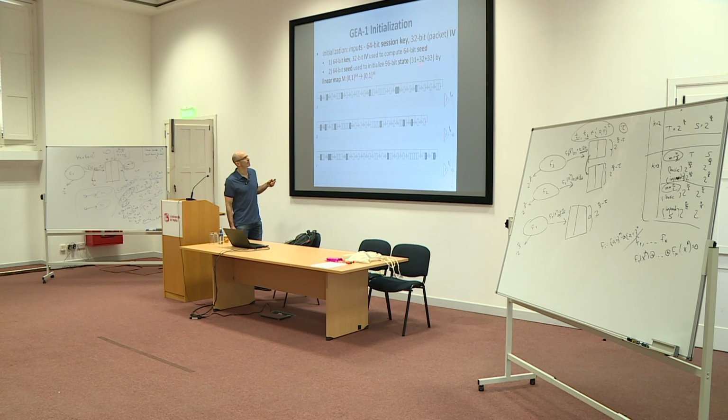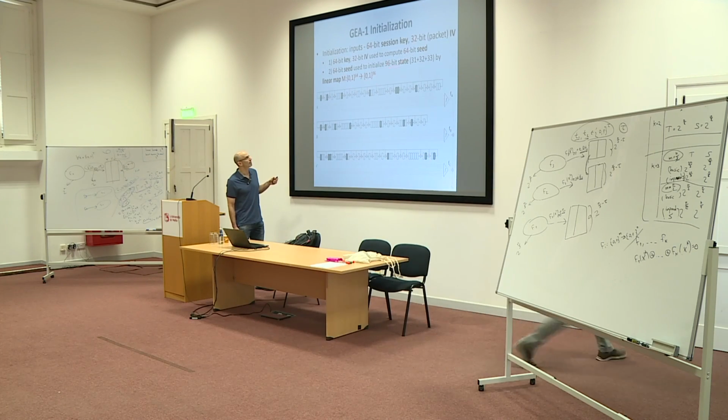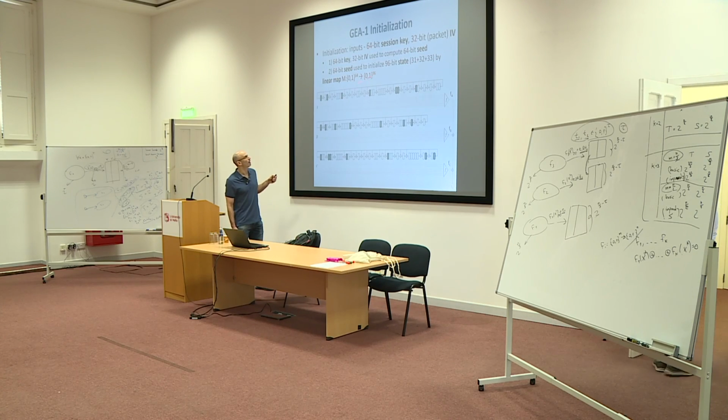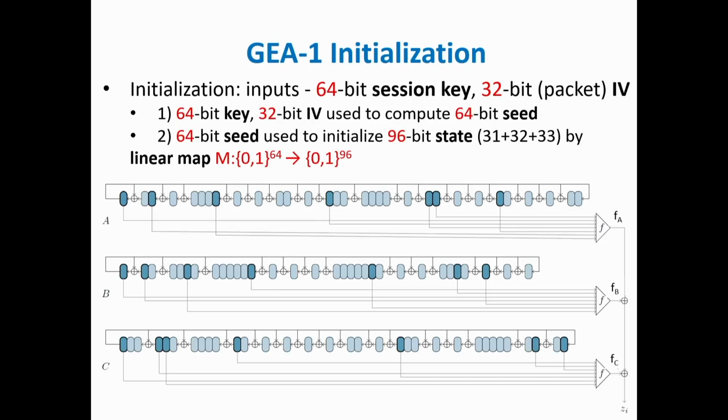The state has three registers, A, B, and C, whose sizes are 31, 32, and 33 bits. So this mapping takes the seed to a 96-bit state, the joint state of all the registers, and it's initialized using this mapping from a 64-bit seed to a 96-bit state.